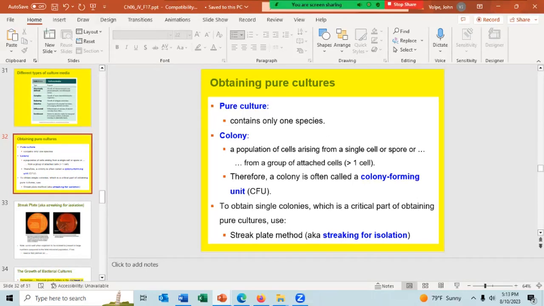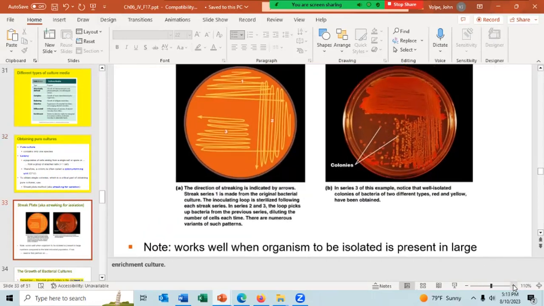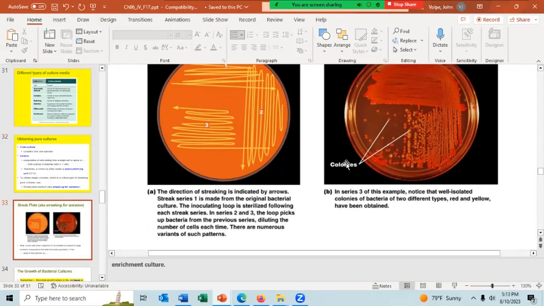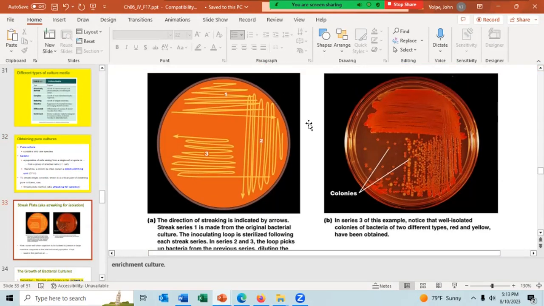So how you streak out to get isolated colonies is you just start from a stock culture, meaning a pure culture. Let's pretend this is a loop, dip it in the stock culture, we'll make that the tube, pick it out.